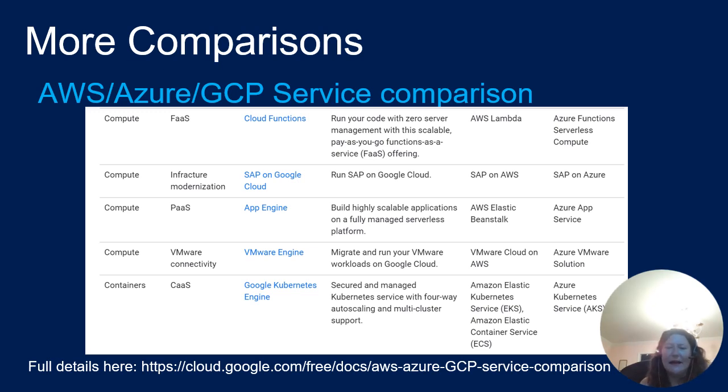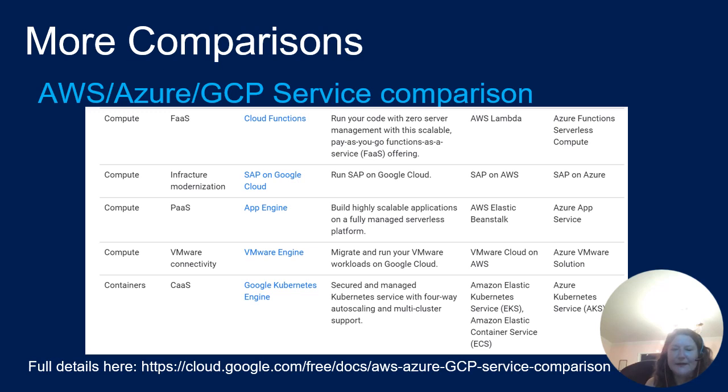So platform as a service can be either managed or serverless. App Engine really is more on the serverless side, and AWS Elastic Beanstalk is more on the managed side. Azure App Service is very, very close to the serverless end.